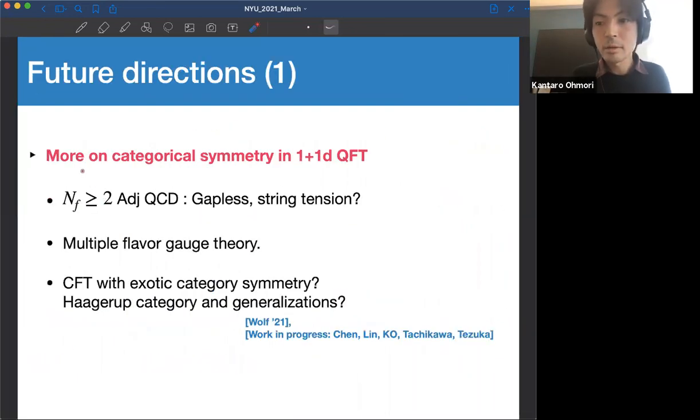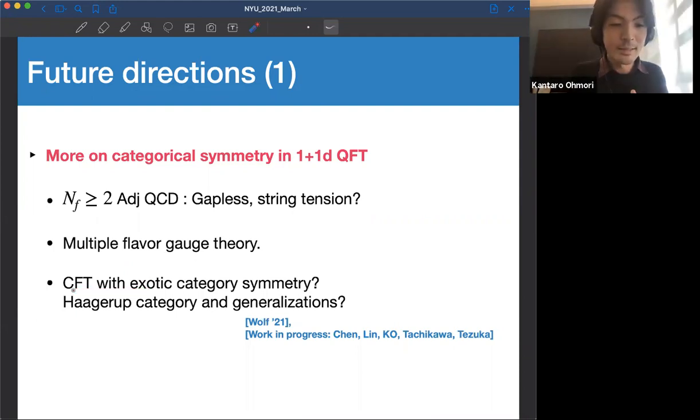Okay, so let me finish by saying some future directions. The near-term future direction is to study more about the categorical symmetry in 1+1 dimension QFT, and N_F equals 2, so two sets of adjoint fermions, is the most naive target. Once there are multiple flavors, then there will be a categorical symmetry, or we can think about a quiver, and then there will be categorical symmetry.